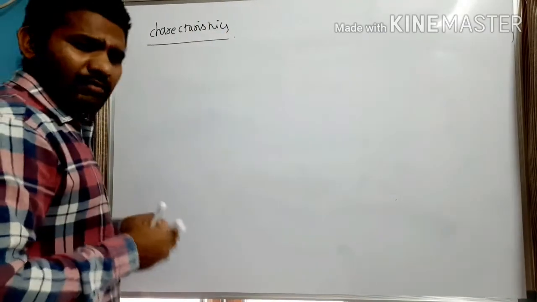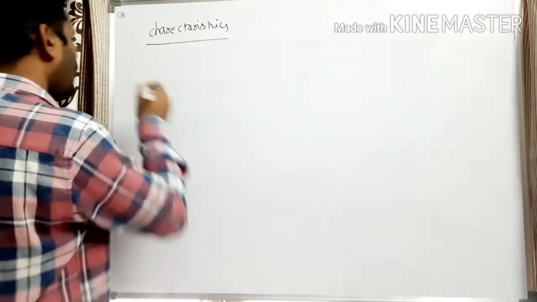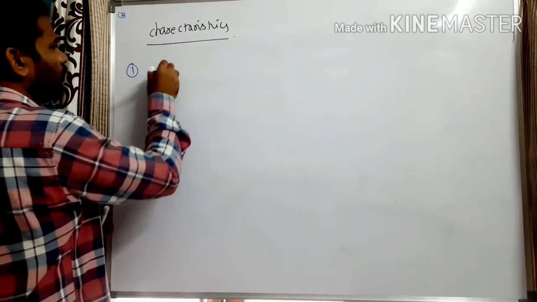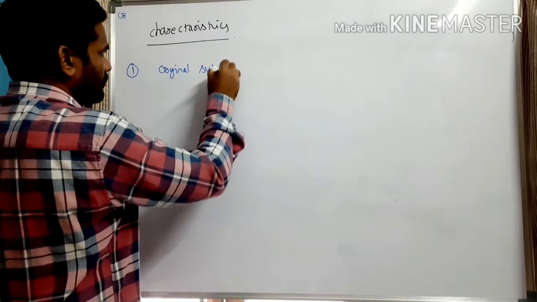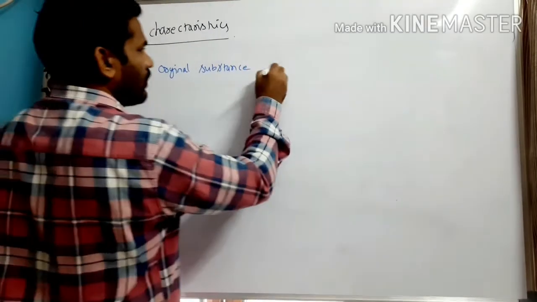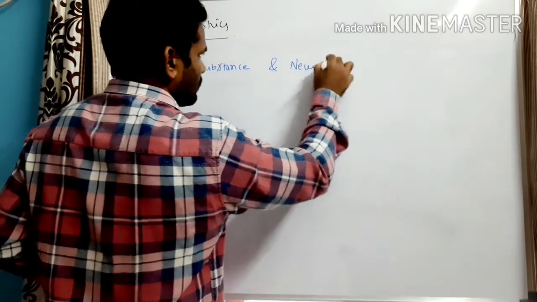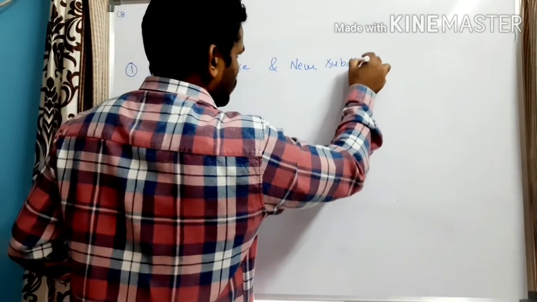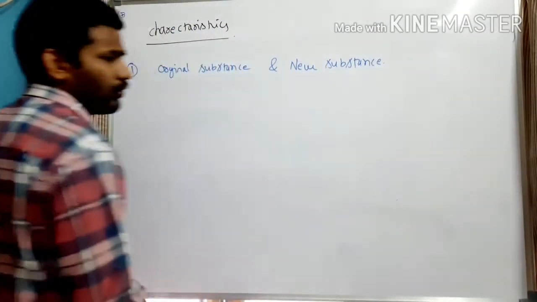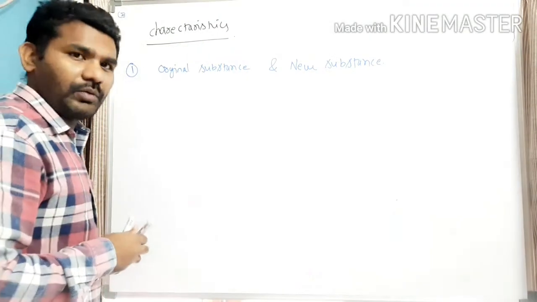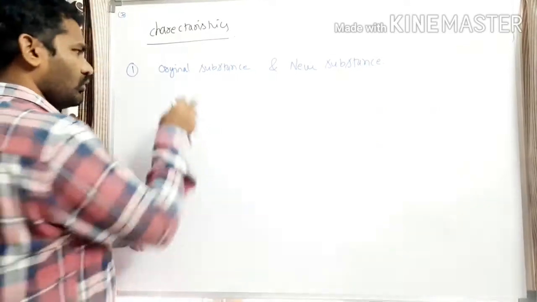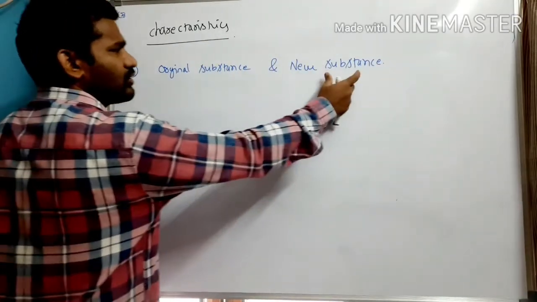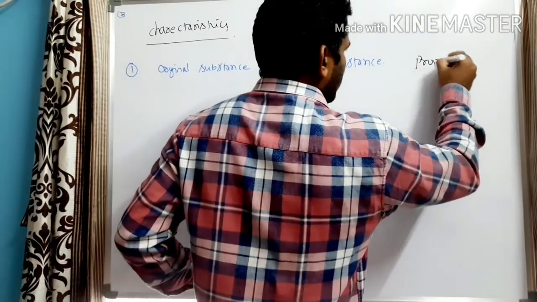In all chemical changes, original substance, that is reactant, and new substance, that is product, are going to have different properties, not only physically but chemically also. Original substance and the new substance are having different properties.